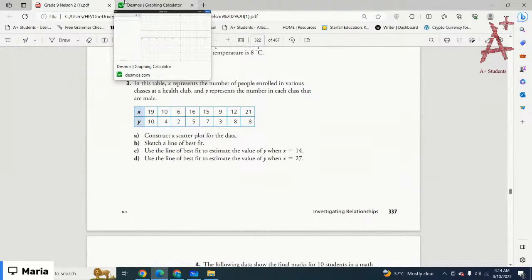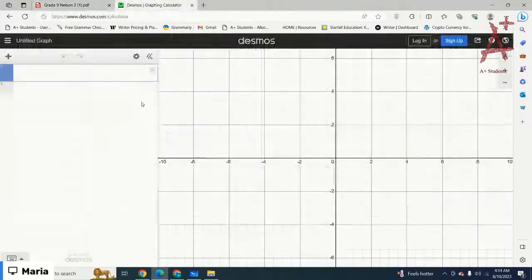Then for the second one, you have to sketch a line. For the third one, use the line of best fit to estimate the value of y when x equals 14. That means you have to use the graph. Let me just make 19 then.